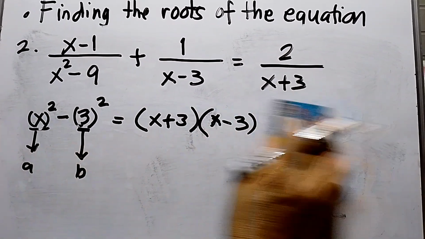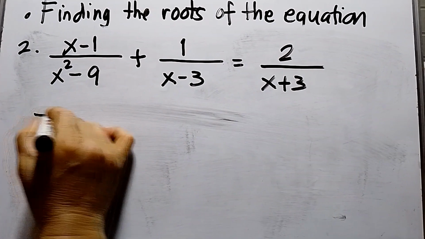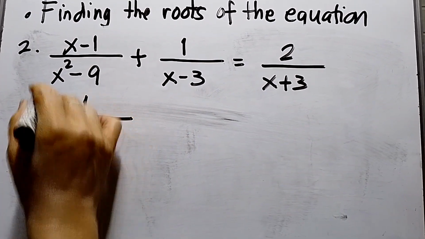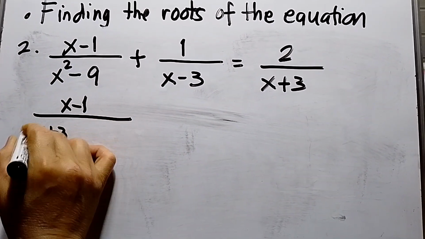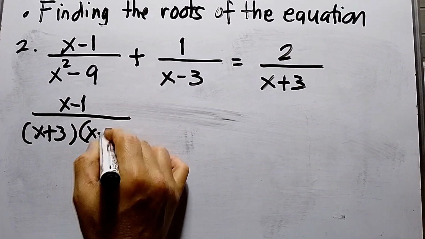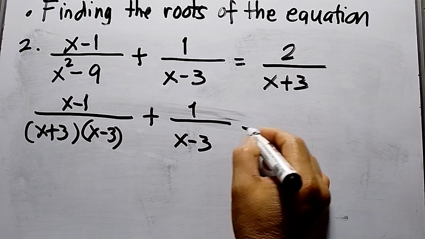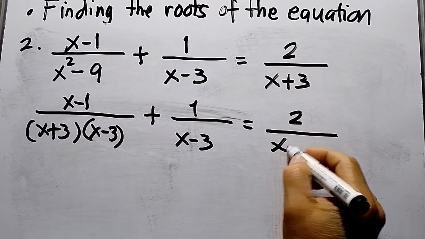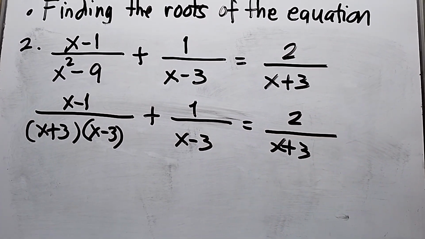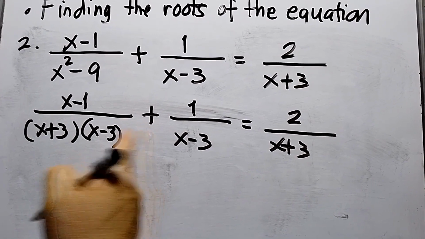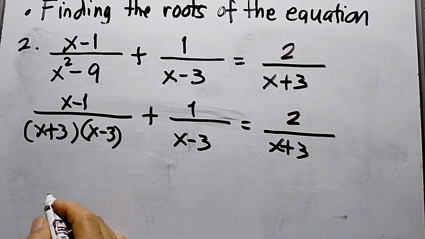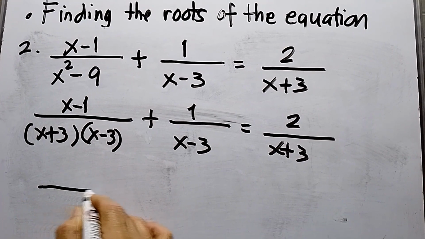So for the denominator, so this will be x minus 1. Denominator will be x plus 3 and then x minus 3 plus 1 over x minus 3 is equal to 2 over x plus 3. So since there is addition between the fractions, so I need to find the LCD.